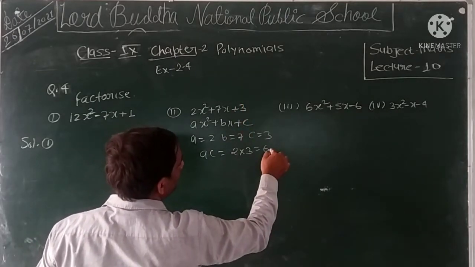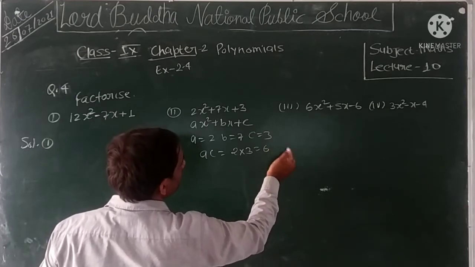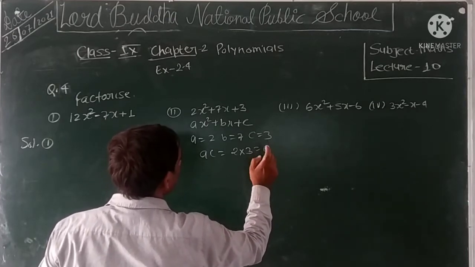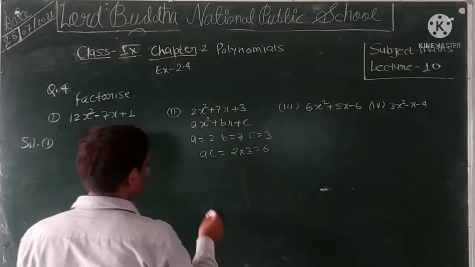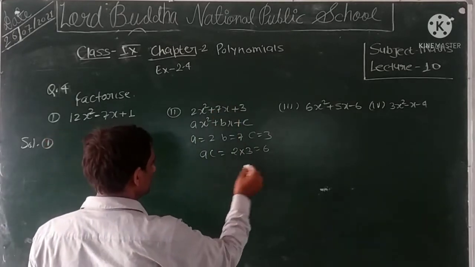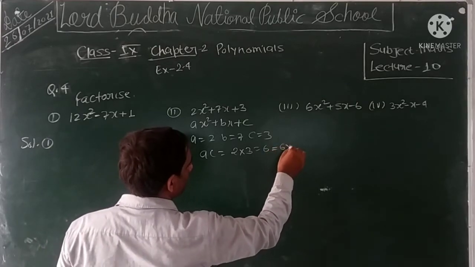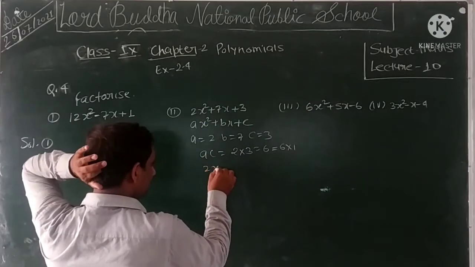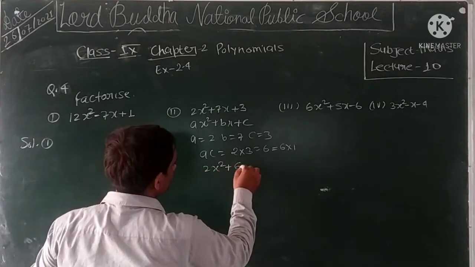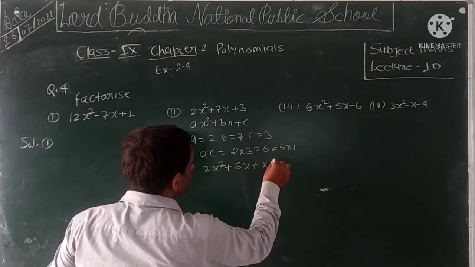Hence, the sum of the factors of 6, whose product is 6, will be equal to the middle term. Here we can write 6 into 1. 6 into 1 is 6, 6 plus 1 is 7. We write here as 2x square plus 6x plus x plus 3.